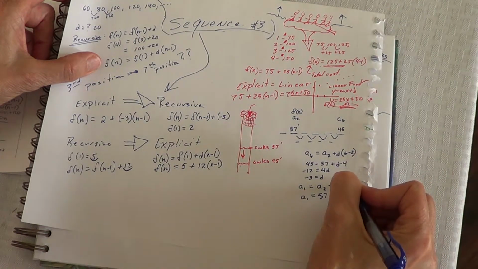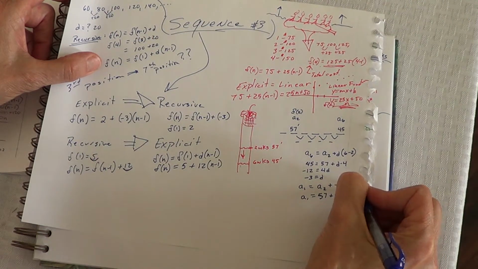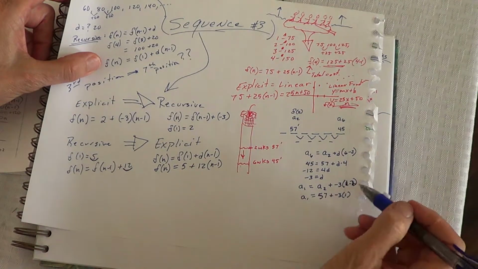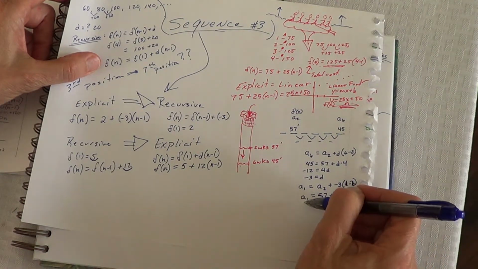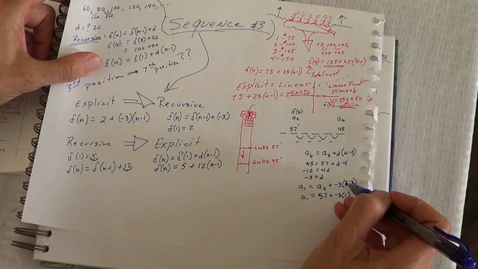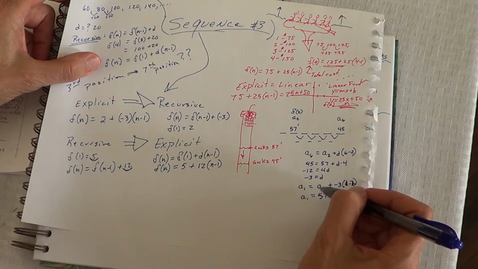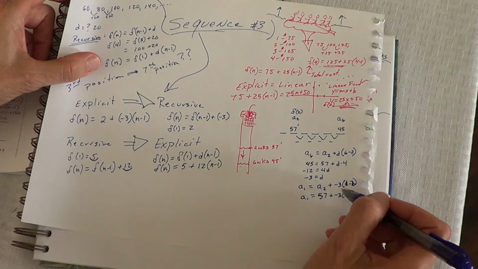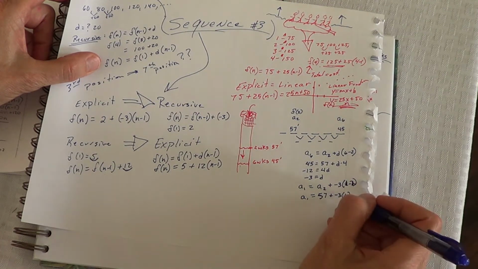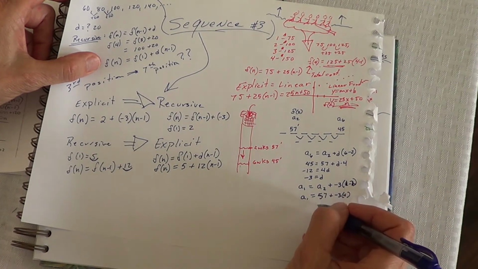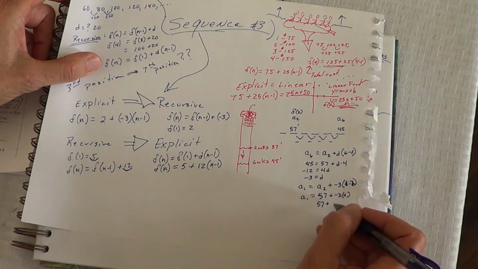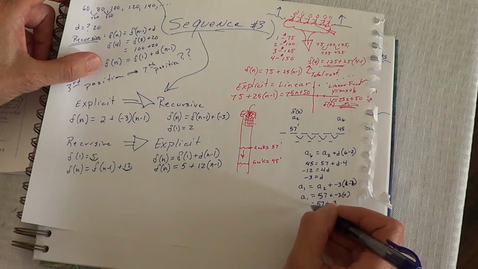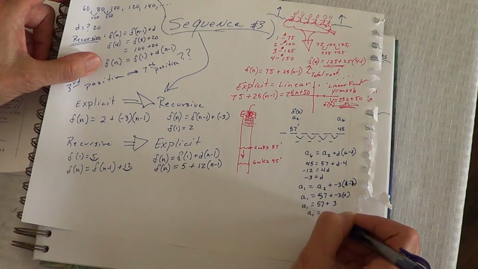It should be 1 minus 2. Now we see how come it's important here. The reason is that I would have a lower number in my A1 position, but when you put it in the order that it is in the equation, 1 minus 2 is a negative 1, and now we get that positive number we need, because 57 plus negative 3 times negative 1 is positive 3. So we get the first one is 60.